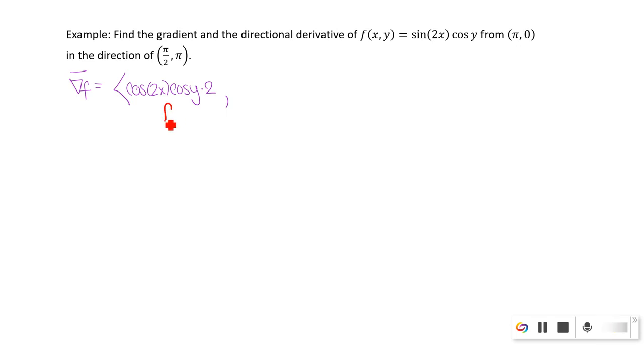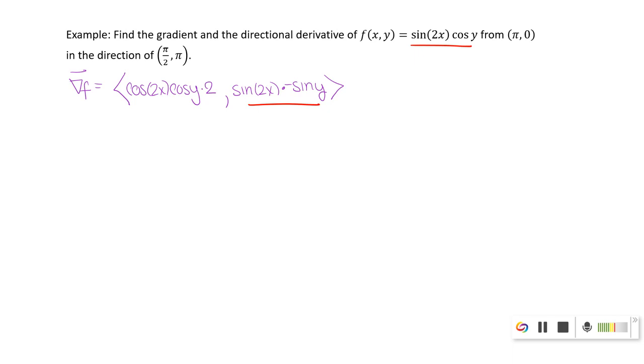So I'm going to start by finding my derivative of the function with respect to x. So let's see, derivative of sine of 2x is cosine 2x times 2. That's the chain rule. And then that cosine y stays there. And then derivative with respect to y, the sine 2x stays there, and then times negative sine of y.